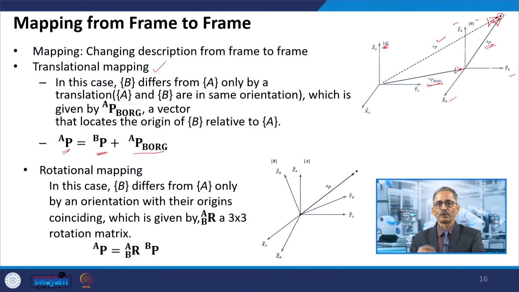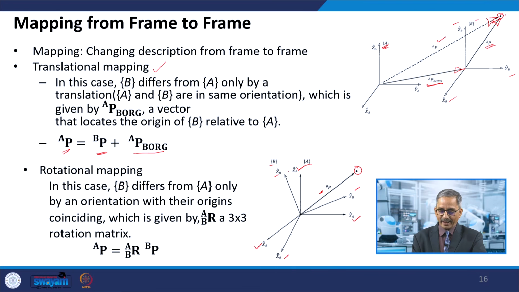Now, in case of rotational mapping, what happens? Say you have a frame A, okay, with the axes XA, YA, ZA, and you have another frame B with the axes XB, YB and ZB. And say your point is defined with respect to frame B, right.